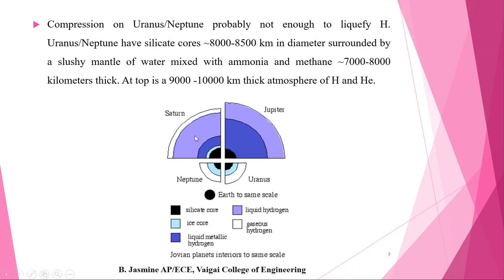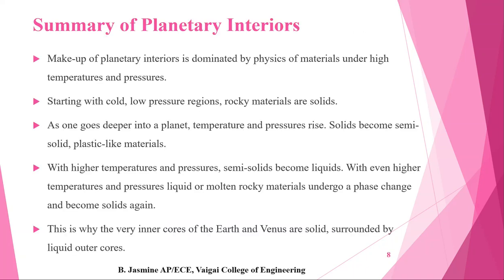Compared to that, Saturn has a silicate core, then ice core, liquid metallic hydrogen, and then liquid hydrogen. Finally, Saturn has gaseous hydrogen. And compared to Jupiter, it has a silicate core and a very enormous amount of liquid metallic hydrogen, and then liquid hydrogen. Okay, these are the Jovian planets' interiors shown to the same scale.